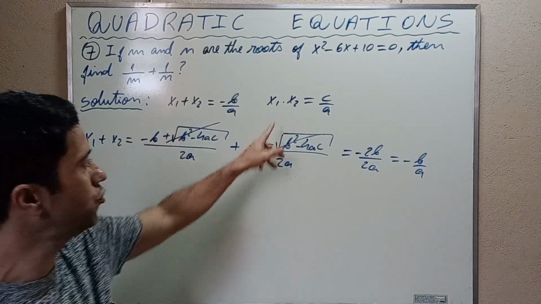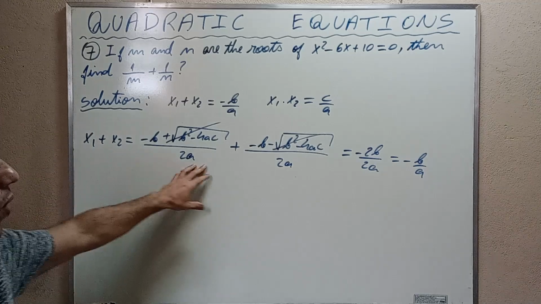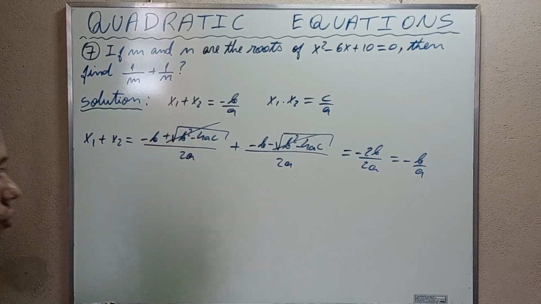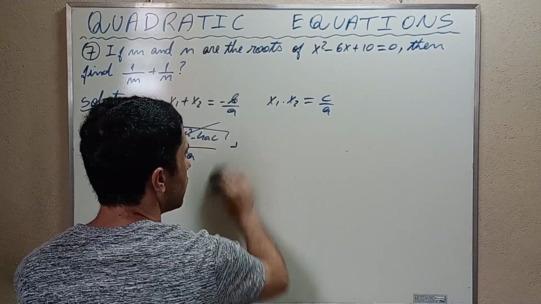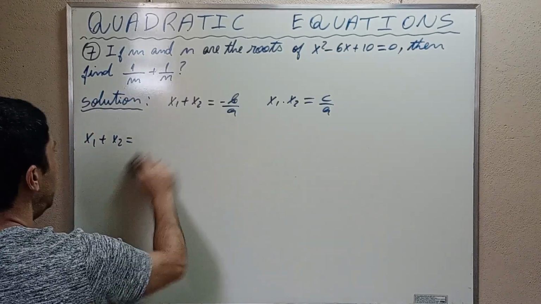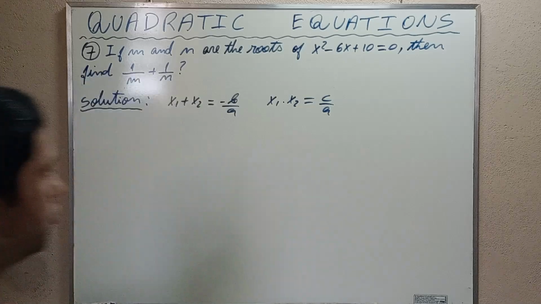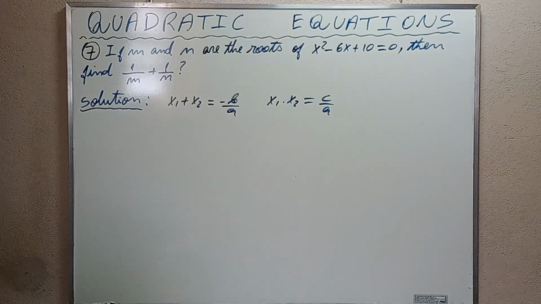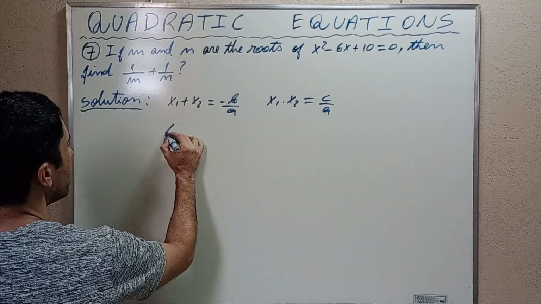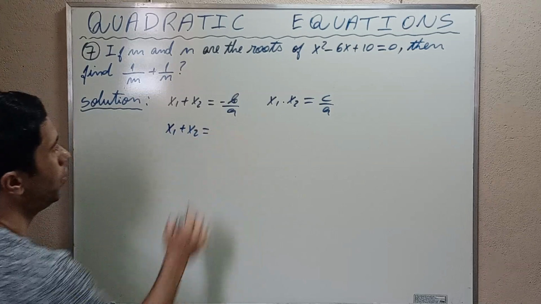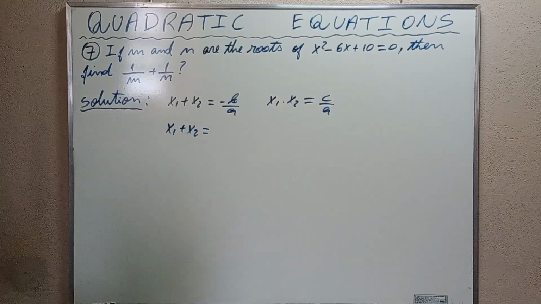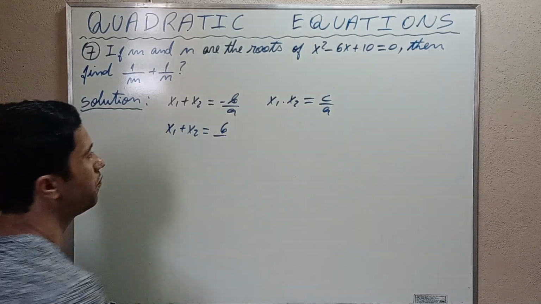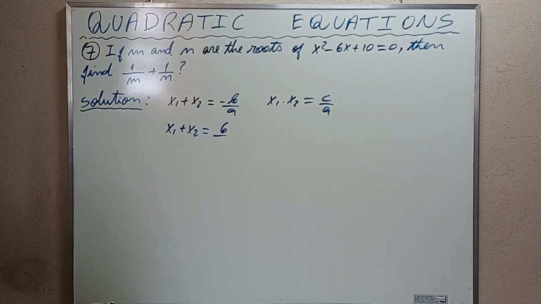You can try to prove this yourself. Just to give you an idea on how to demonstrate this, we are going to use this. Alright, let's use this. x1 plus x2 is equal to negative b. b is negative 6, negative 6 is positive 6, divided by a. a is 1.